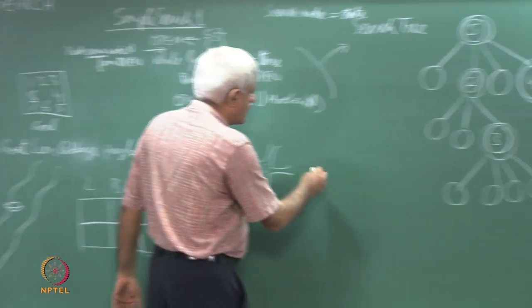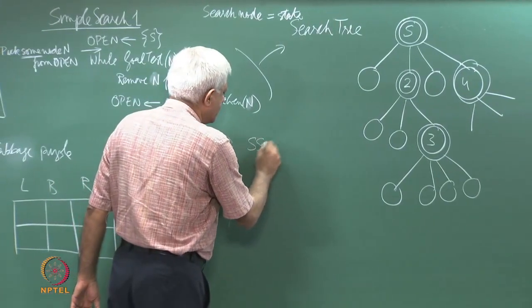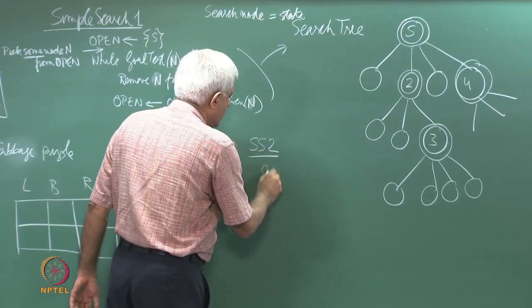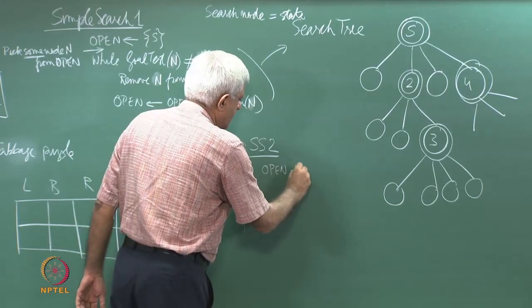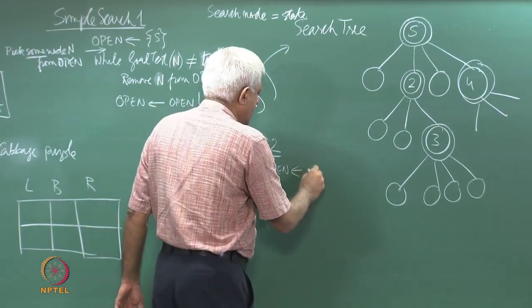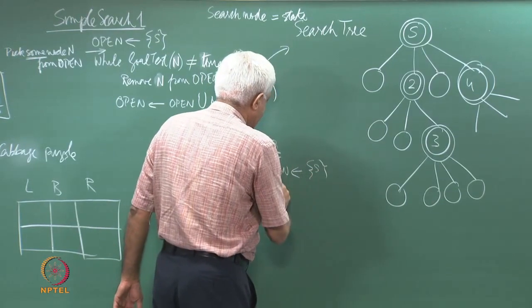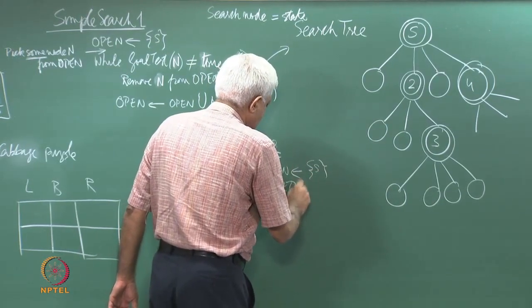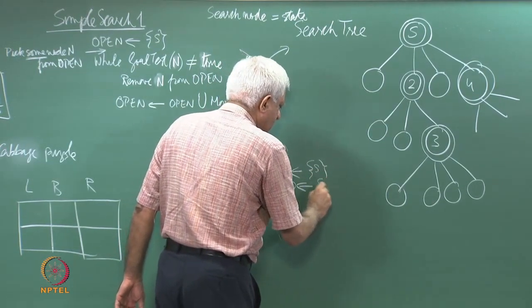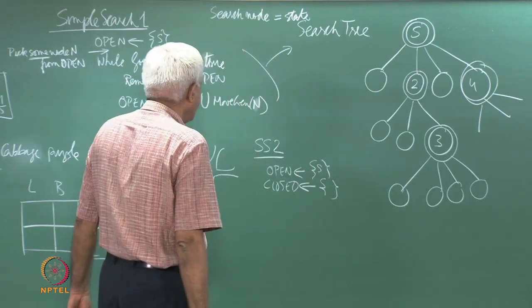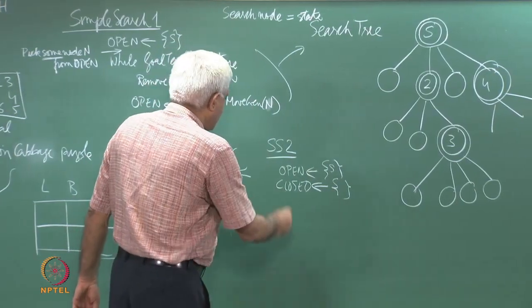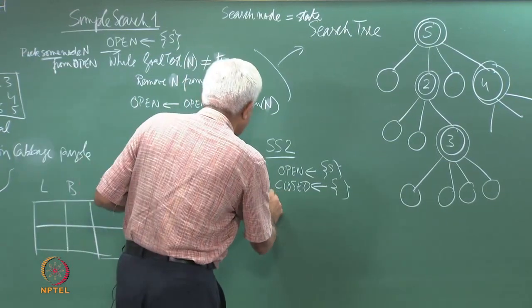So, the algorithm is modified as this. So, this is simple search 2, open as before gets the start state, closed is a new set which starts with the empty set, and pick some node from open.